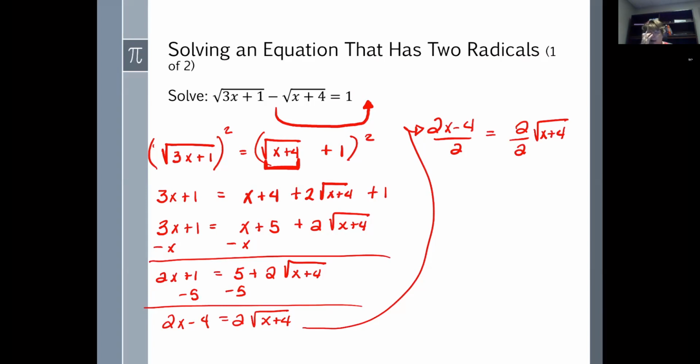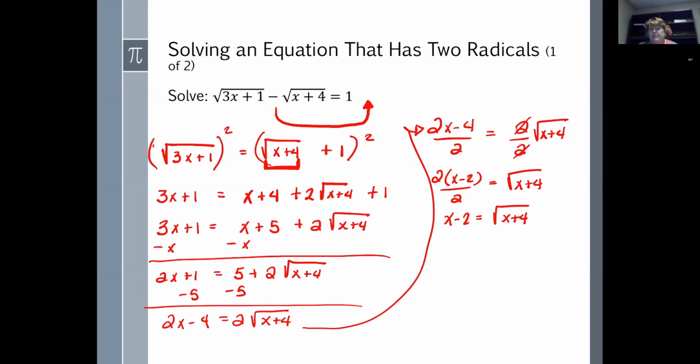And I can divide 2x minus 4 by 2 because the 2x and the 4 both contain the factor of 2. So I can actually factor that out and cancel it. And the 2's cancel on the right-hand side. So I end up with x minus 2 equals the square root of x plus 4.